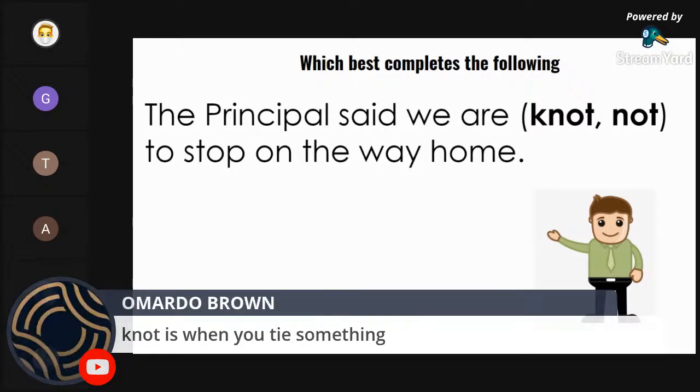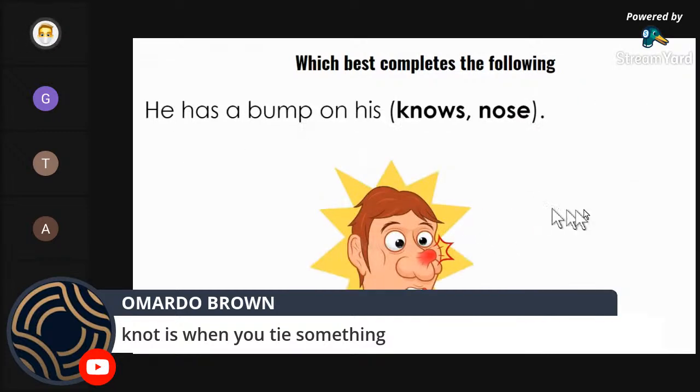Yeah, Brown. Good. Let's pull up Brown. Mardo says knot is when you tie something. Okay. Anybody want to give me an example of something that we could make into a knot? A rope. Okay, you could make knots in a rope. Shoelaces as well. All right, great. That's good.